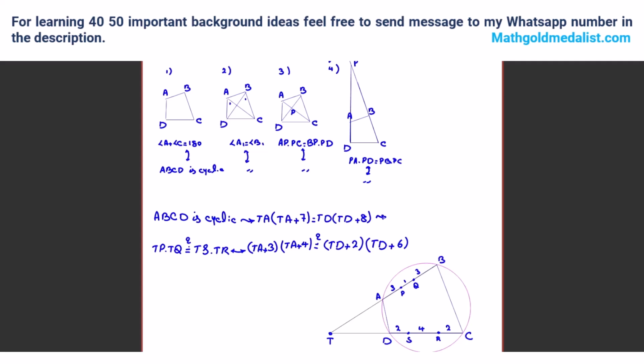Now, from the cyclic condition, if we expand the left-hand side, it will be TA squared plus 7TA. The right-hand side would be TD squared plus 8TD. Now, if we expand the left-hand side of the other product, it would be TA squared plus 3TA plus 4TA, which is 7TA, plus 3 times 4, 12.